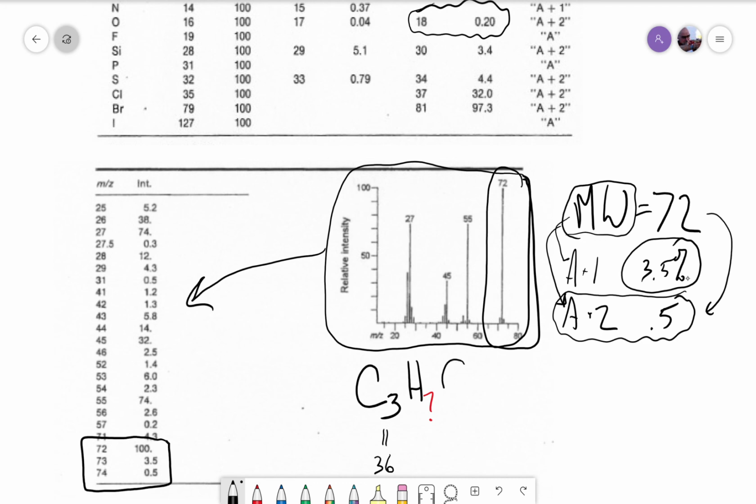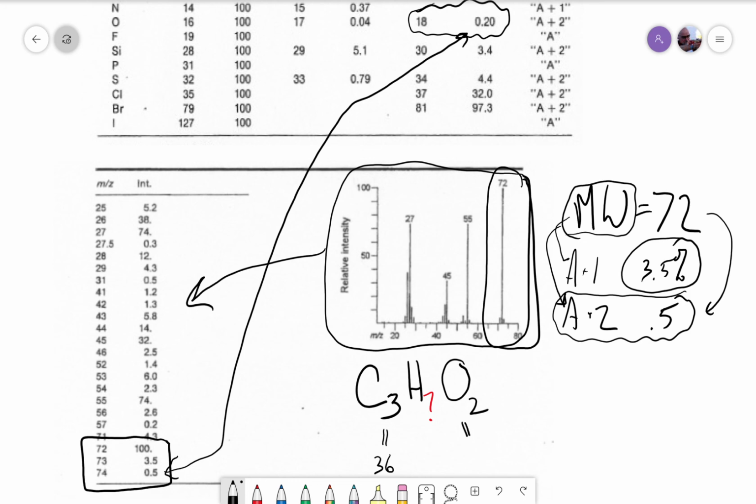If there were oxygens there, that would give us an A+2 peak. In fact, if each oxygen were to give us a 0.2%, it might make sense that the A+2 for 2 oxygens would get us to 0.4 or perhaps 0.5%.